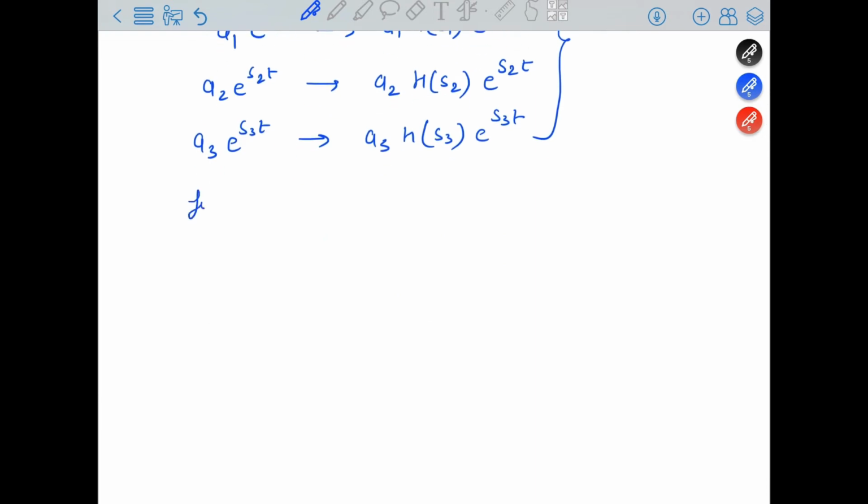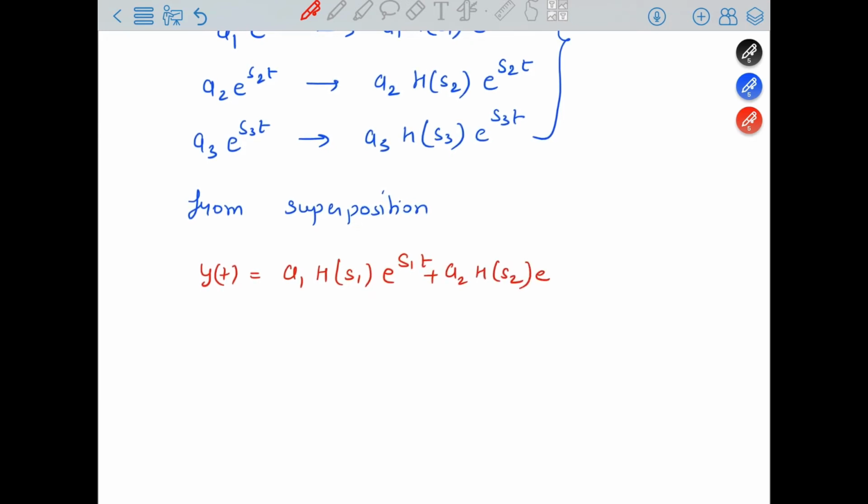So from the superposition principle, we can write y of t as a1 h of s1 e raised to the power s1t plus a2 h of s2 e raised to the power s2t plus a3 h of s3 e raised to the power s3t. So this is the advantage of having the eigenvalue eigenfunction property, and we can write the output directly.